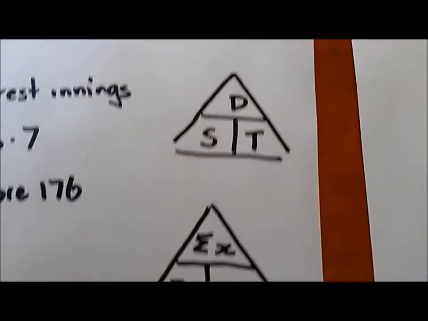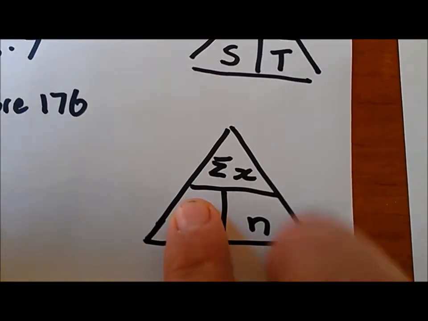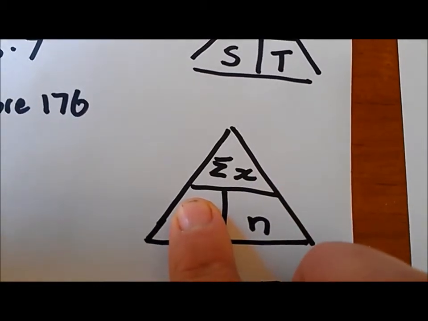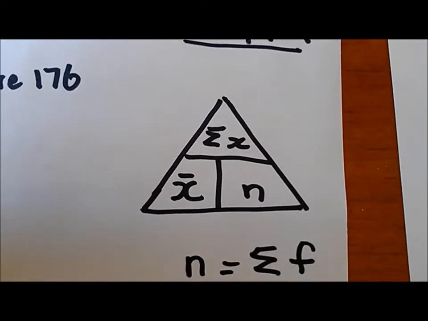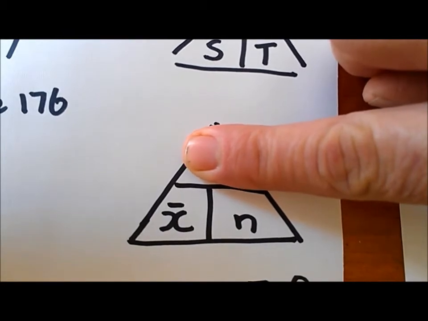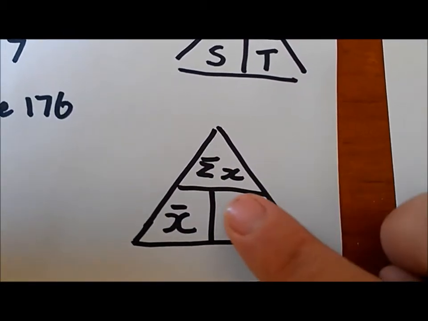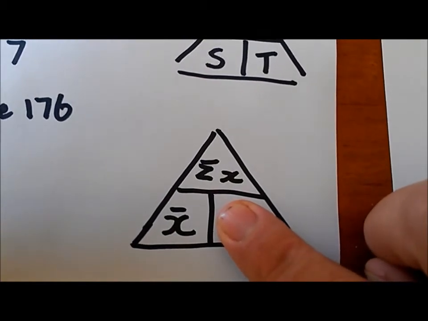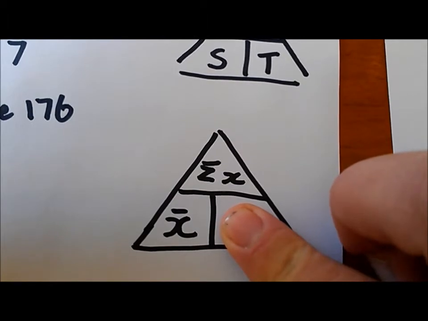We can do the same thing for the mean, and we can have the average, which is the sum of the scores over the number of scores, being the sum of the frequency. However, if I want the sum of the scores, I'd cover that over, and I can see it's the average times the number of scores. Likewise, I could cover the number of scores over, and to calculate the number of scores, I'd take the sum and divide by the average.